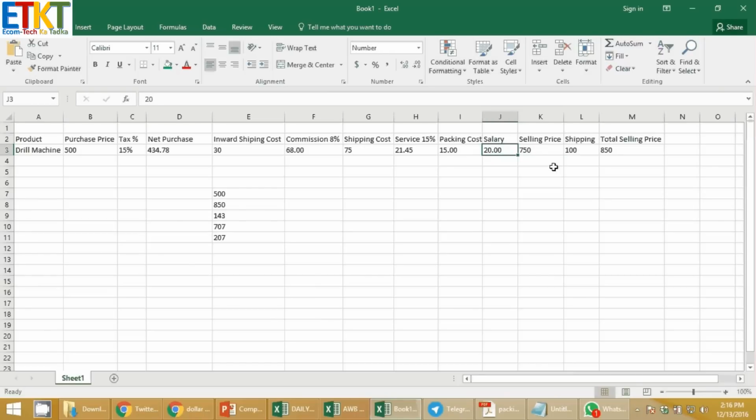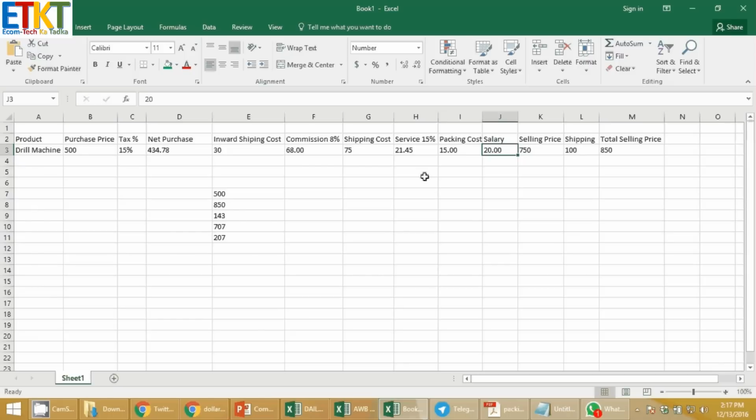Now that would depend on how many products you are selling and what is the cost of it. These charges, the salary of the individuals, they come to closely around 40 to 50,000 or 100,000 depending on how big your team size is.